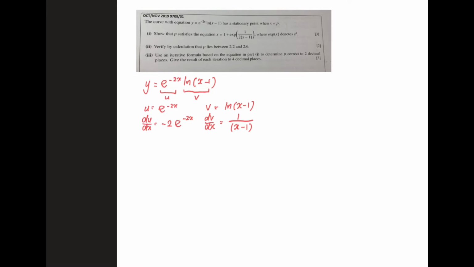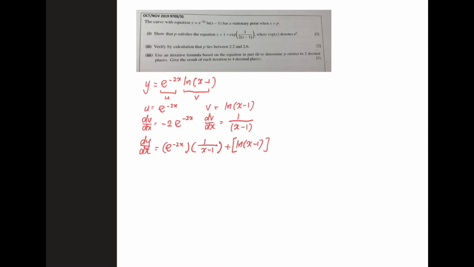So then we get our dy dx. dy dx is u followed by dv dx, then plus v followed by du dx.